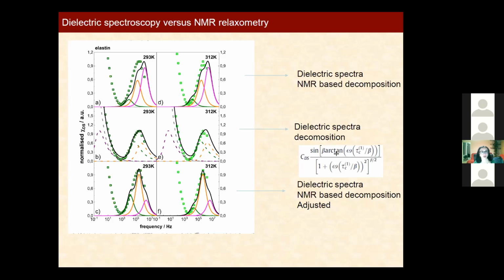Unfortunately, in my opinion, it becomes more and more popular in NMR, but this is a completely different subject. I could interpret the dielectric spectra the way dielectric people would like. Then one can figure out that this peak can be reproduced with 2 contributions, not 3. However, you have 1 more parameter, a kind of distribution of correlation times, the so-called beta, which makes this straight here. In addition, there's a very slow process which I observed here.